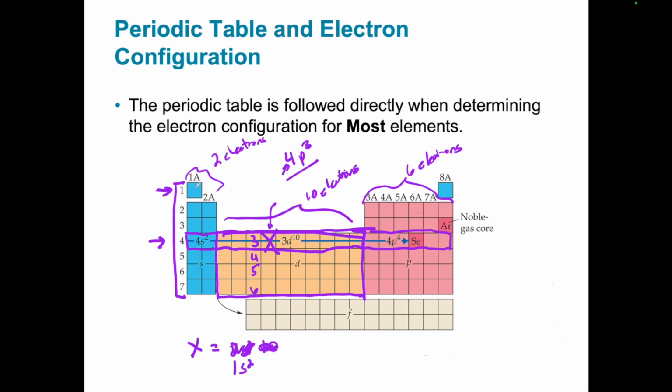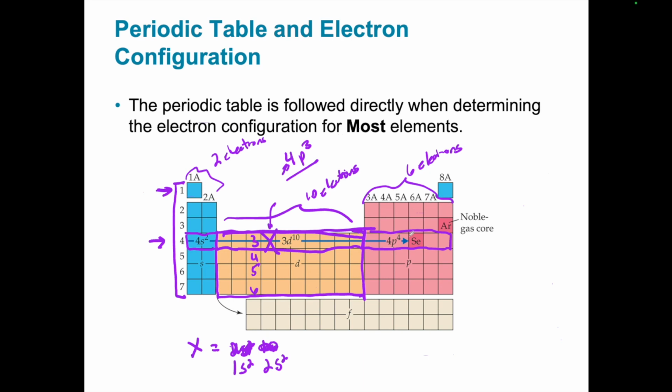1s2, right, which is this guy right here and this guy here. And then this guy right here too, they're full too, right? So 2s2, and then we'll move over to the P block. 1, 2, 3, 4, 5, 6, right there.